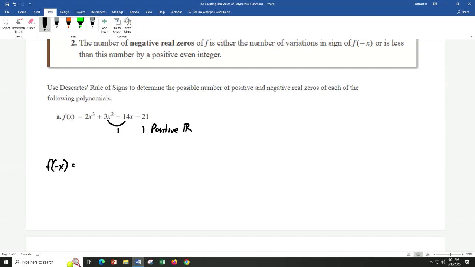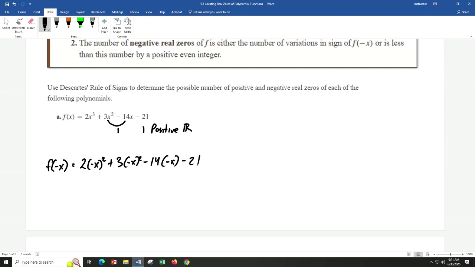So really, if you think about it, whenever you're plugging in this number, this -x, all you need to do is change the sign of every single odd power. Let me show you. I'll do the whole math so you see it, but I'm just trying to save you time. Notice what we have here is 2 times -x cubed plus 3 times -x squared minus 14 times -x minus 21.